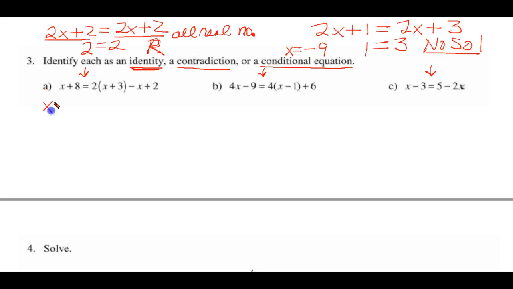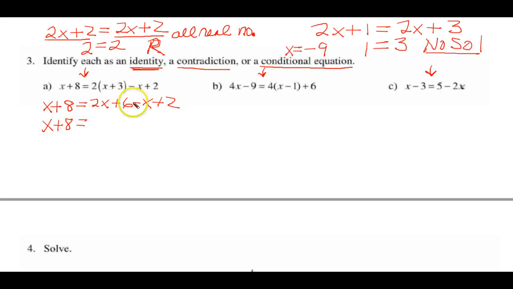So we get x plus 8, and you're writing this out. 2x plus 6 minus x plus 2. So we've gotten rid of our grouping symbol. Now we're going to group like terms. X plus 8.